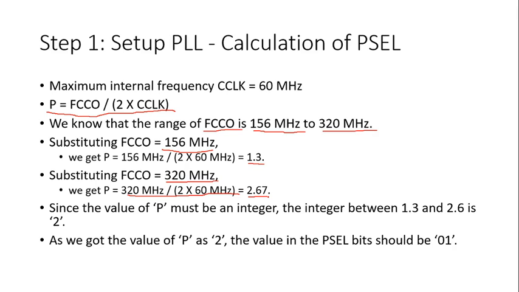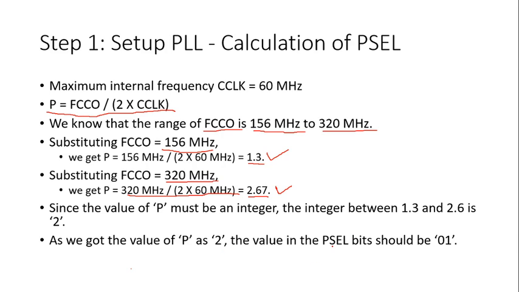Now we cannot put these fractional numbers in the register. We cannot feed it. So we have to consider an integer that lies between 1.3 and 2.67, where this is the minimum value and this is the maximum value, for the CCLK of 60 megahertz we require. So what I can do is put an intermediate integer value of 2.